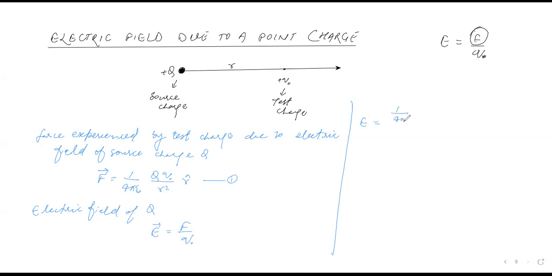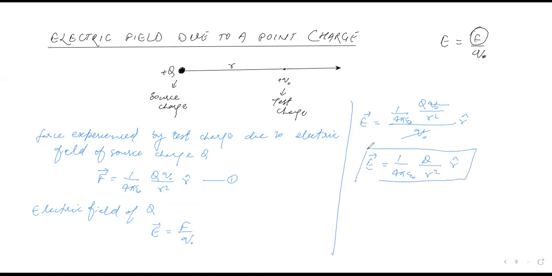It is 1 over 4 pi epsilon naught Q into Q naught over R square, over Q naught, into the unit vector. This is a vector quantity. Q naught is cancelled with Q naught. Finally, you get 1 over 4 pi epsilon naught Q over R square and the unit vector of R.